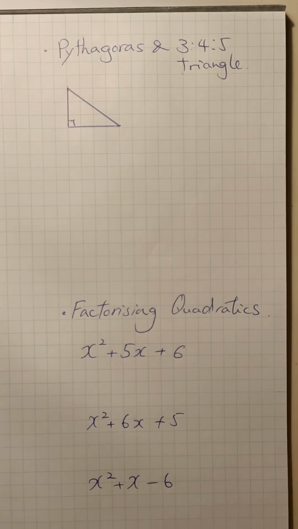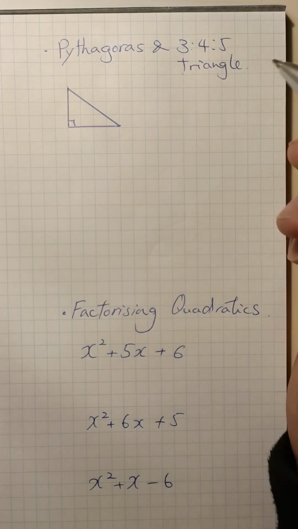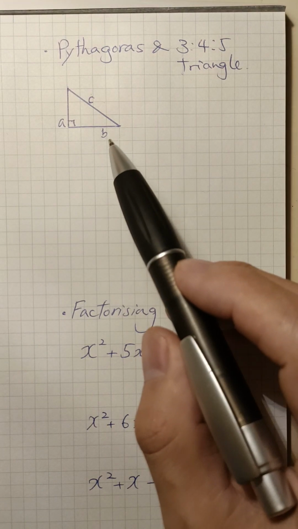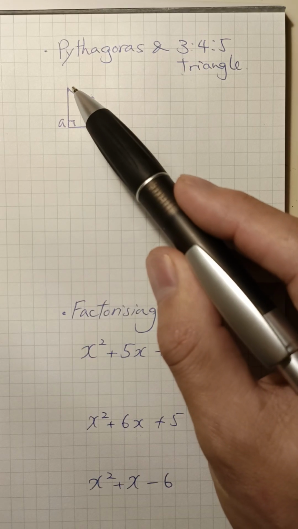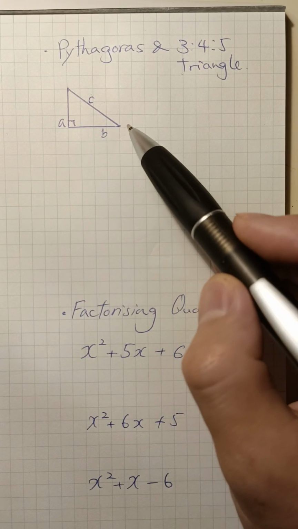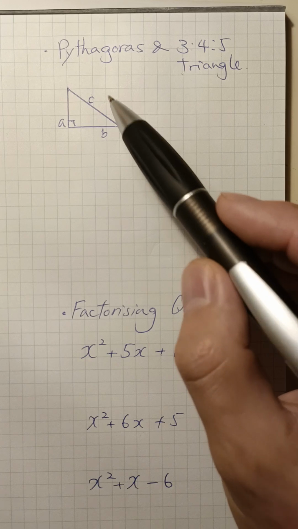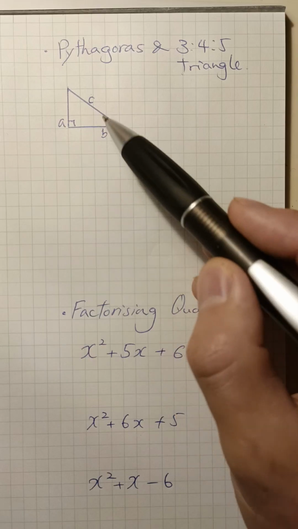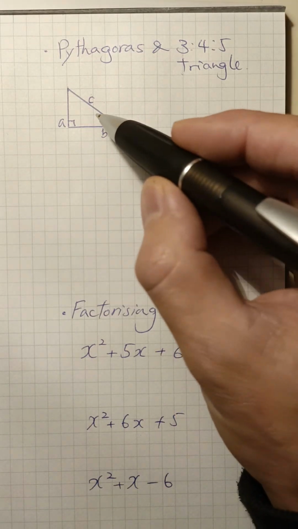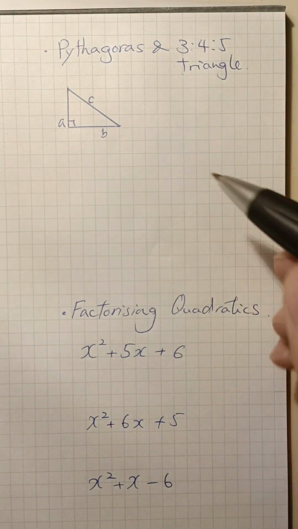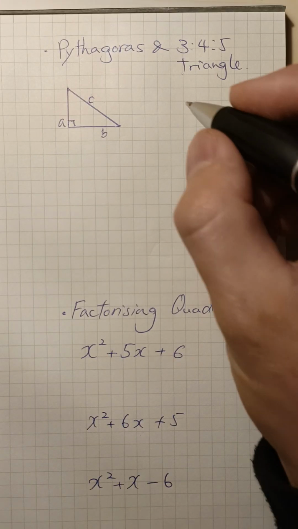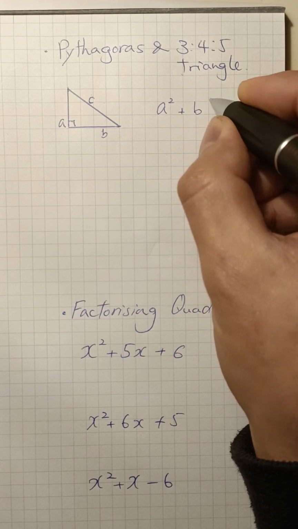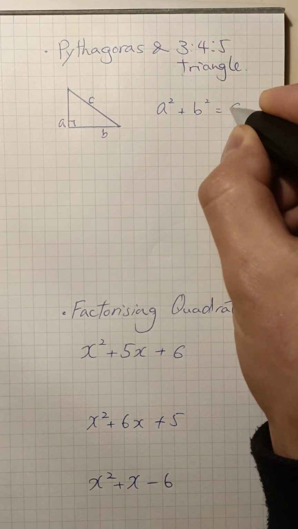So first, what is Pythagoras' theorem? Pythagoras' theorem is: if you do shorter side squared plus shorter side squared, it is always the longest side squared, if that triangle is a right angle triangle. And the longest side is called the hypotenuse, isn't it? Okay, so let's say a squared plus b squared is always c squared.